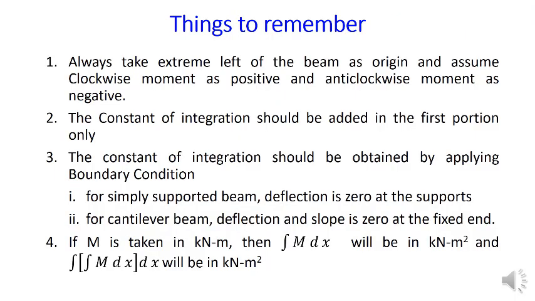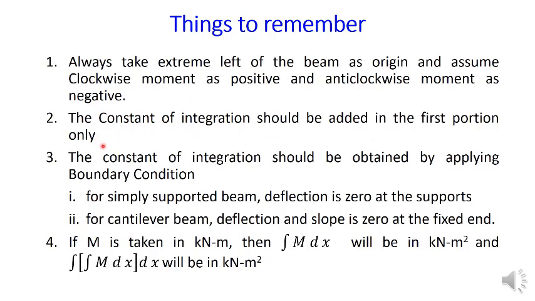Now before you write the equation, there are certain things which you need to remember. So always take the extreme left of the beam as origin and assume clockwise moment as positive and anti-clockwise moment as negative. This we have already discussed in the slide. The constant of integration should be added in the first portion only.